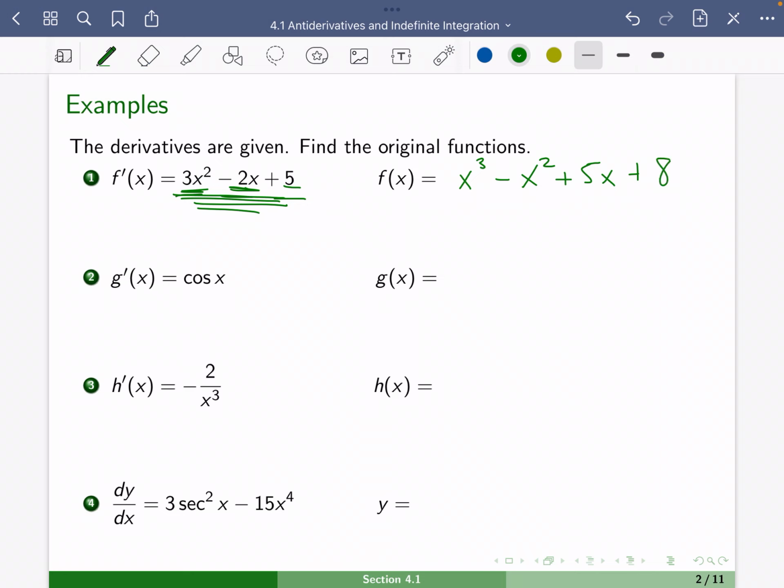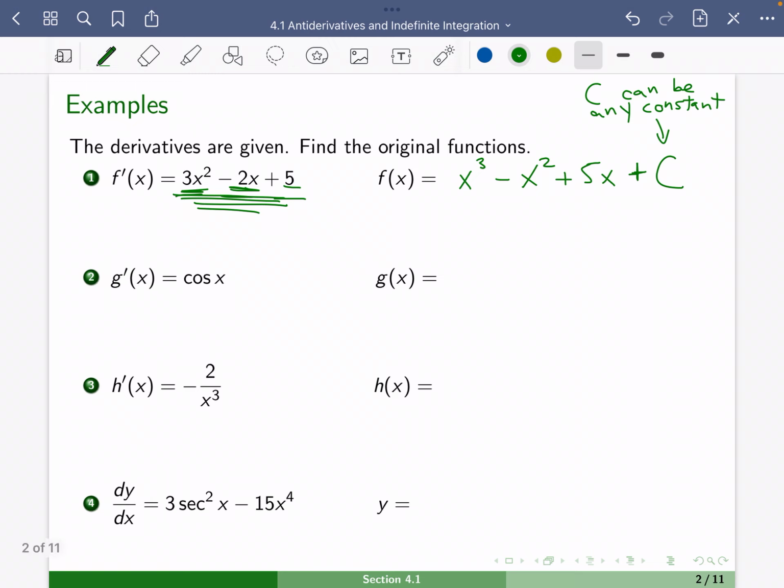The derivative of 8 is still 0, and all the other stuff has the indicated derivative. So in fact, we could add any constant that we want. We'll write plus c, where c is an arbitrary constant. C can be any constant that you want.